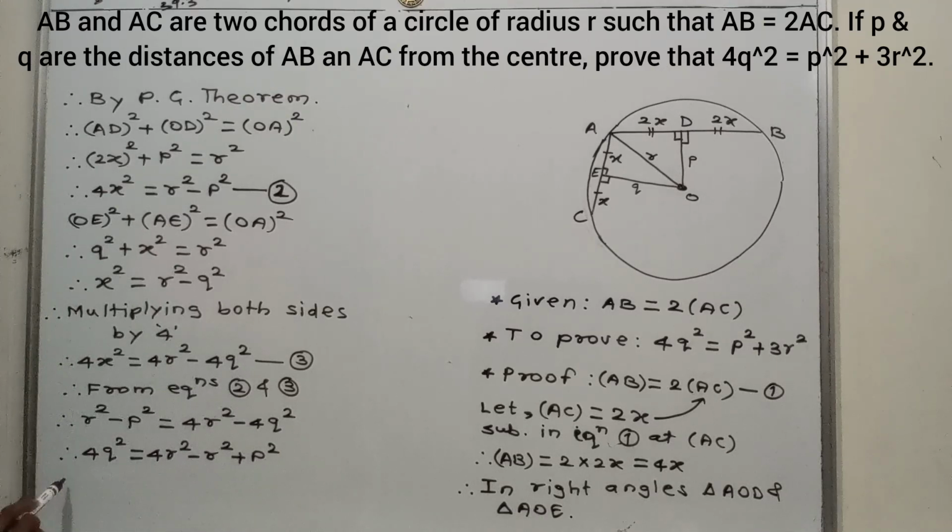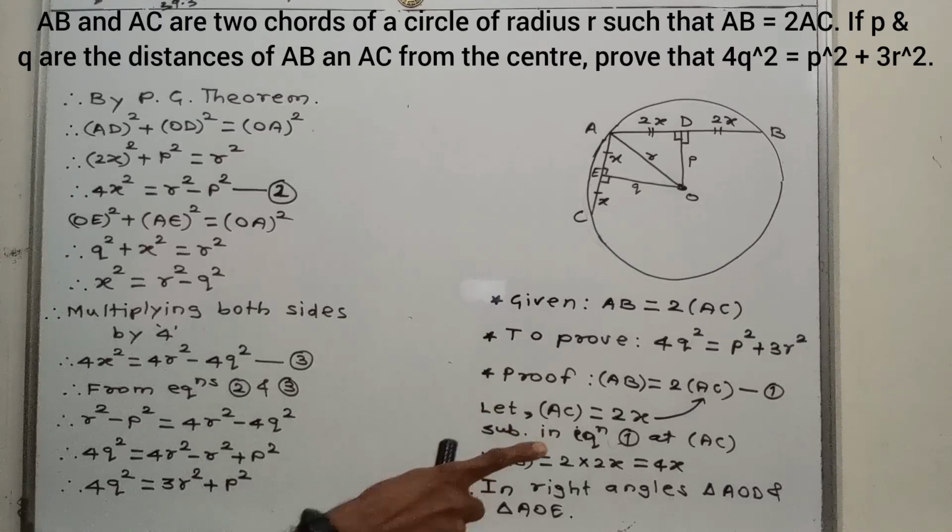Did you get it? Therefore 4Q square is equal to 4R square minus R square, 3R square, plus P square. This is our to prove. That is P square plus 3R square.